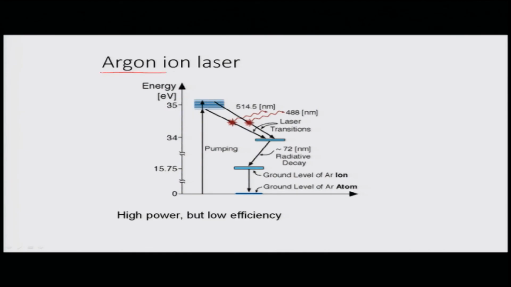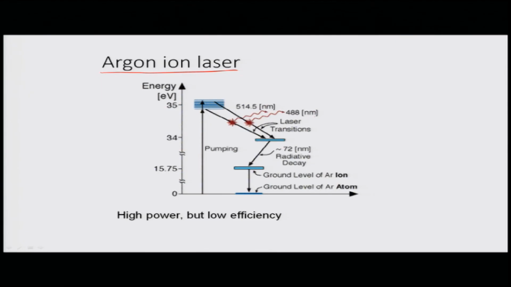The other important gas laser is the argon ion, where the pumping is done by, again, plasma created by electric discharge, and then we get different laser transitions.